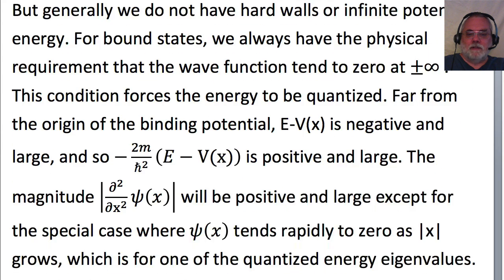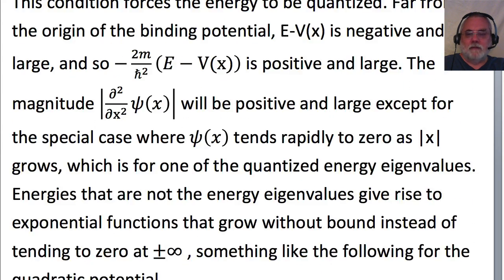Far from the origin of the binding potential, E minus V of x is negative and large, and so minus 2m over h bar squared times E minus V of x is positive and large.